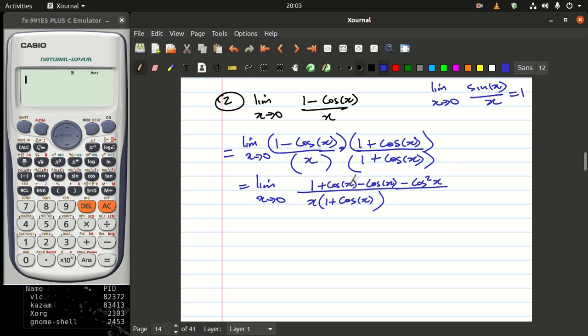So the cosine x minus cosine x is gone. In the numerator I end up with 1 minus cosine squared x, divided by x times 1 plus cosine of x. So I have this nice thing here.